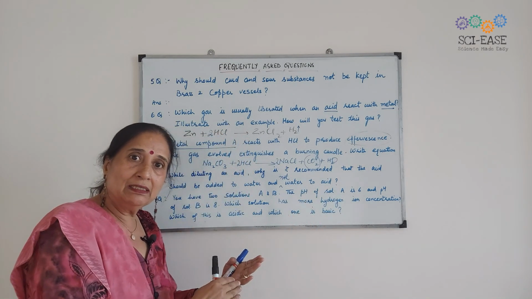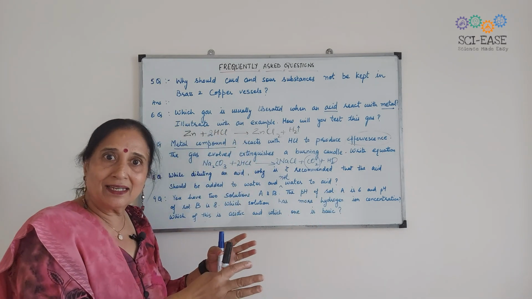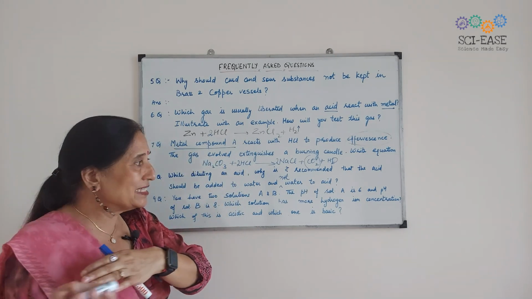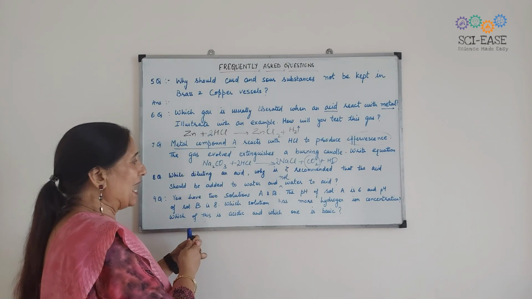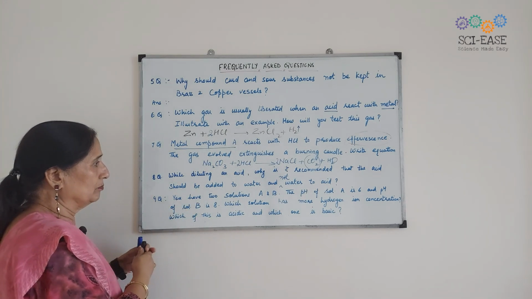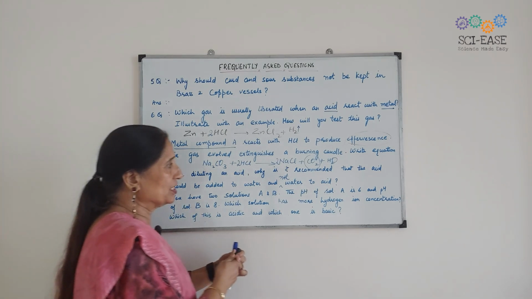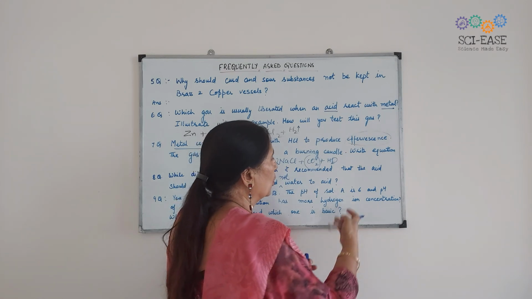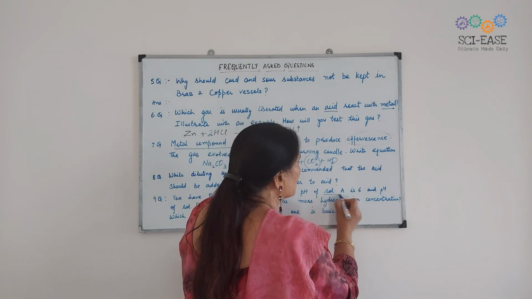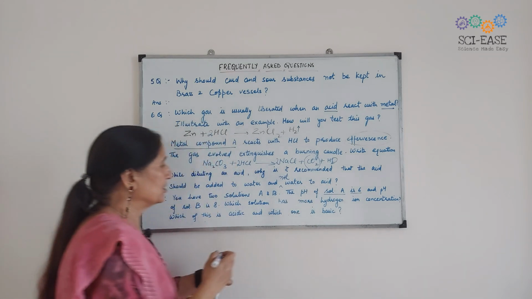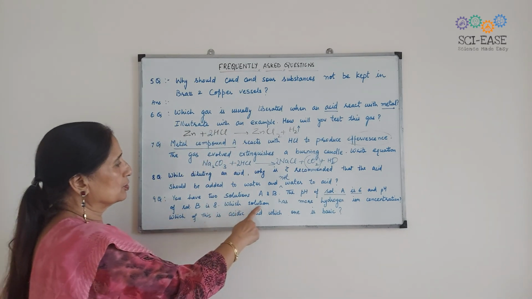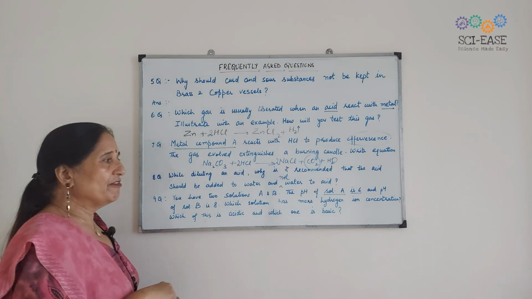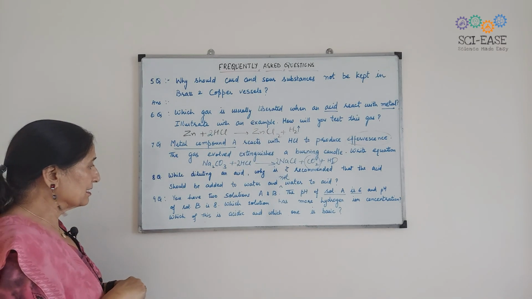Below 7, the solution will be acidic, and above 7, the solution will be basic. So solution A will have more hydrogen ion concentration, having pH 6.